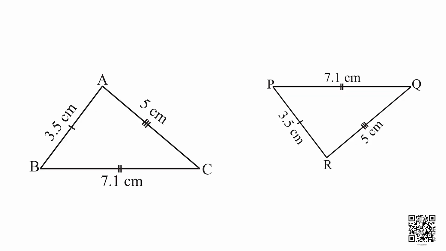So by SSS congruence rule, the two triangles are congruent. From the above three equality relations, it can be easily seen that A corresponds to R, B corresponds to P, and C corresponds to Q. So we have triangle ABC congruent to triangle RPQ.